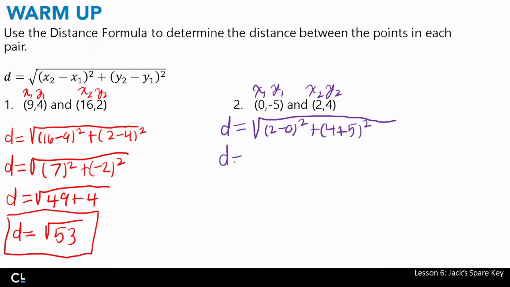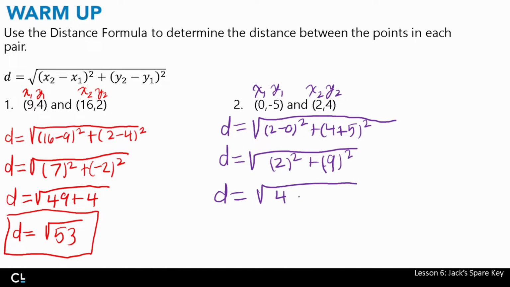So then we write d equals the square root 2 minus 0 is 2 squared plus 4 plus 5, 9 squared. Now we got to square both. D equals root 2 squared is 2 times 2, so that's going to give me 4 plus 9 squared is just 9 times 9.